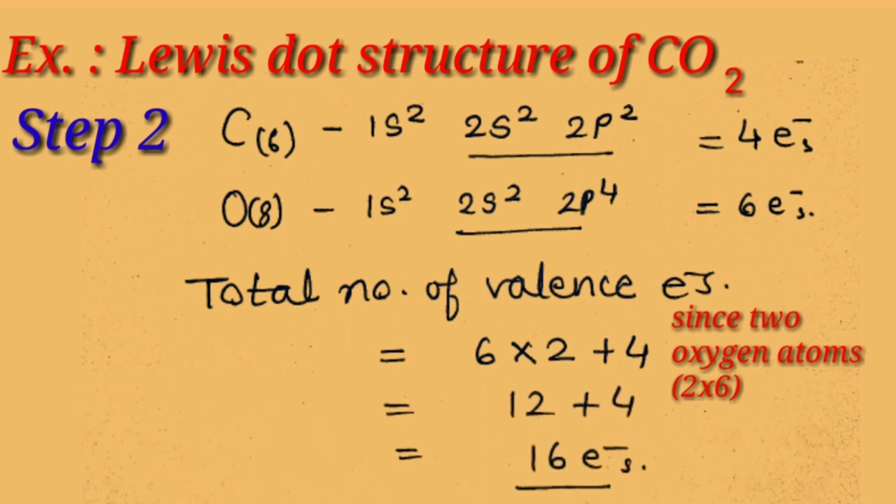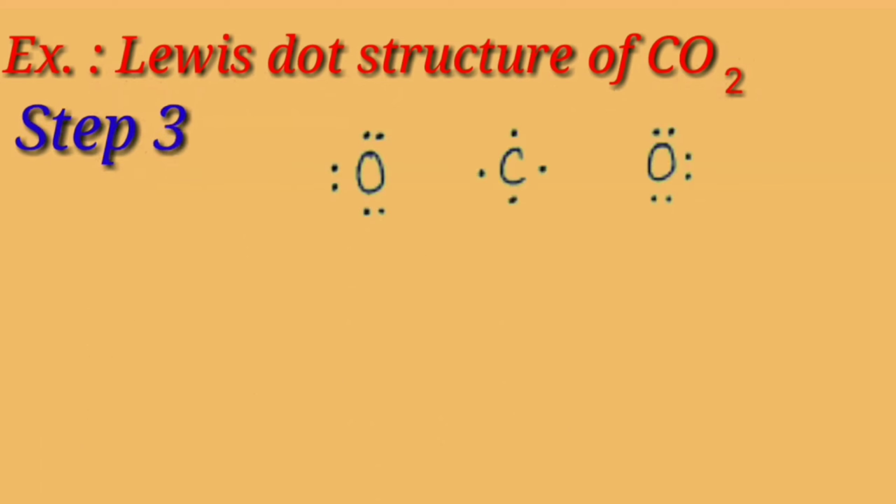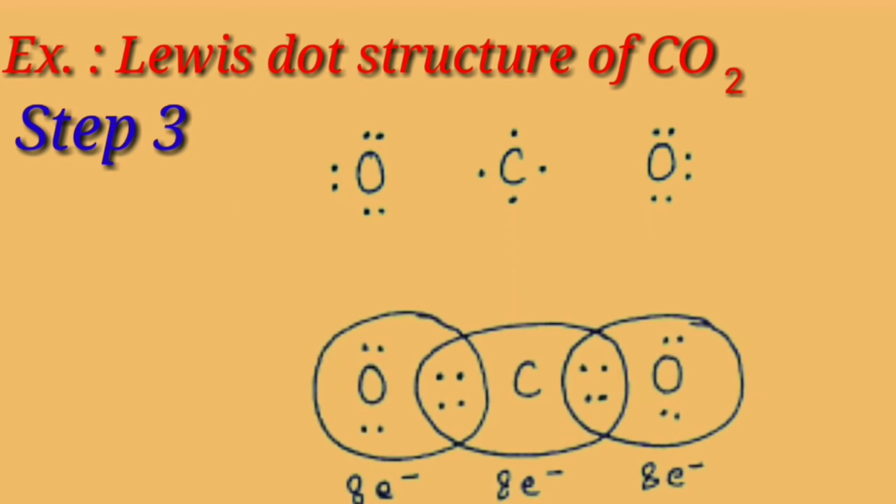Further, these 16 electrons are placed around the atoms in the form of dots. Now, the next step is move the dots so that you have 8 dots around each element. That is, keep the dots in pairs.